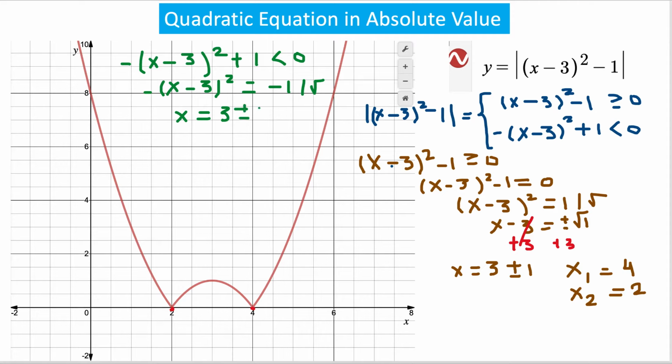Since those are two other roots, x3 is equal to 4, 3 plus 1, and x4 is equal to 3 minus 1, which is 2. As we see, we have a repeated root. X1 and x3 are equal to 4, a repeated root.